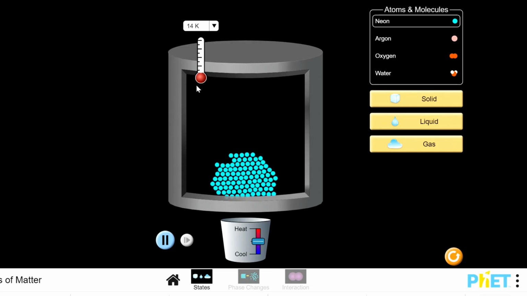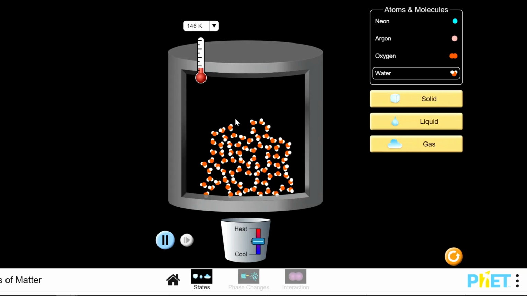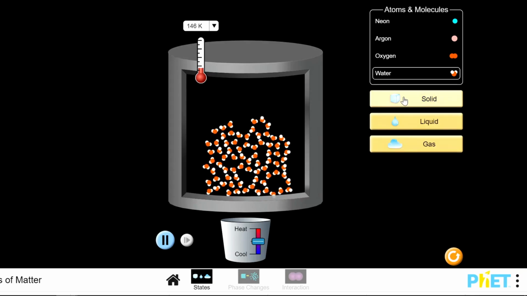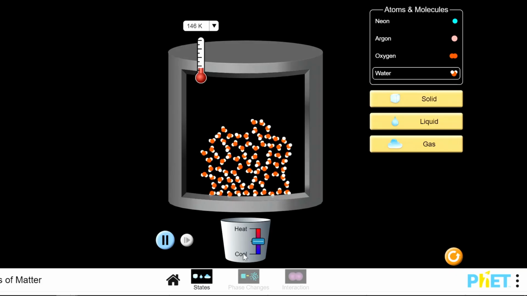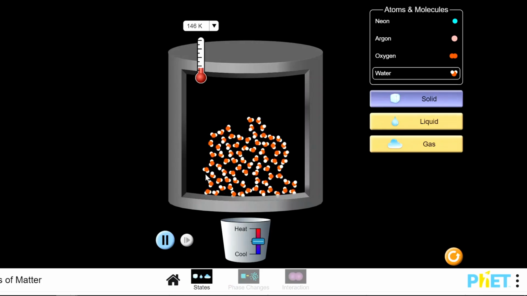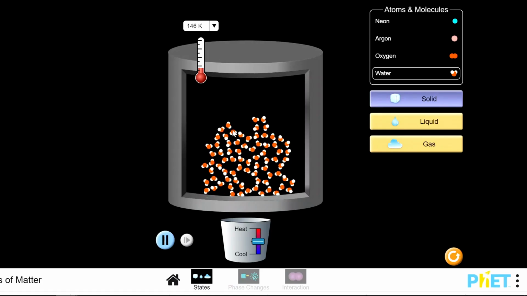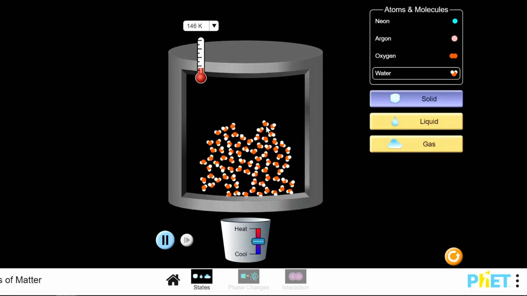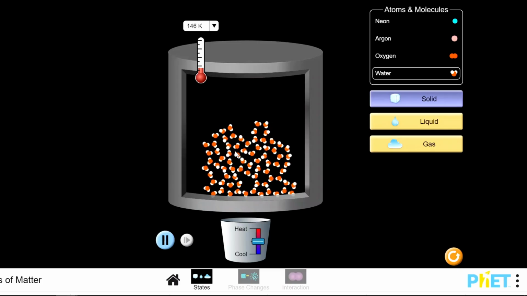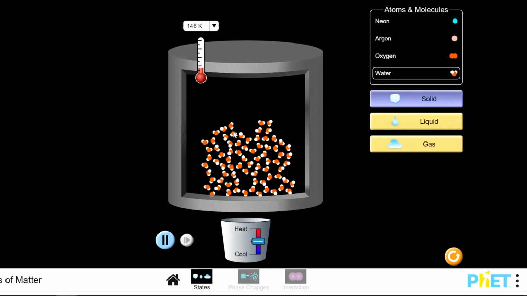To explain what 0 Kelvin, absolute zero, means, let's use a liquid we are more familiar with, water. I'm going to cool the container. Let's start with the solid, it's already in an ice state, right? But if you look at each molecule, they are not 100% at rest. Almost all of them are still wiggling around.